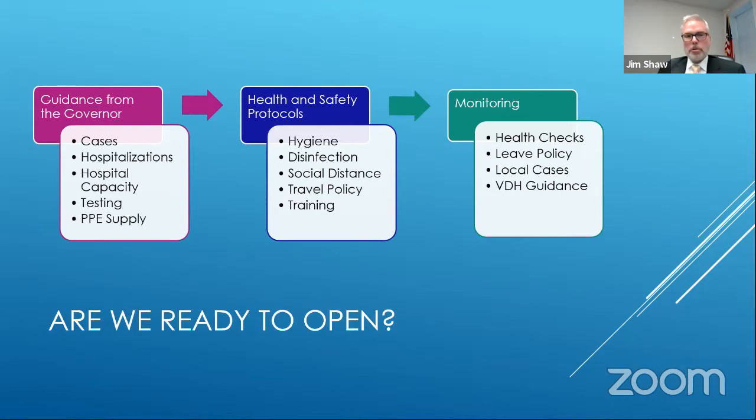Then continued social distancing. We're going through a process of evaluating workspaces and work processes to ensure that appropriate social distancing can continue. We're evaluating travel policies. We currently obviously have a ban on city-related travel.